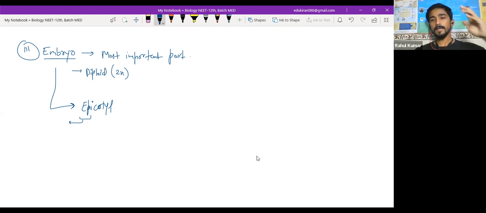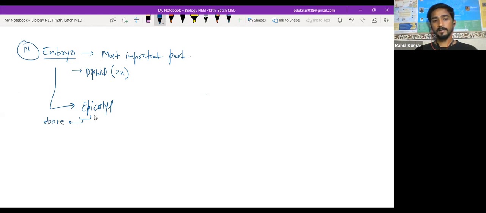Epidermis is the outermost layer of our skin, which is dead. Endoderm, mesoderm, all these are inside, but epi is on the outside. So epi is above or on top, right?